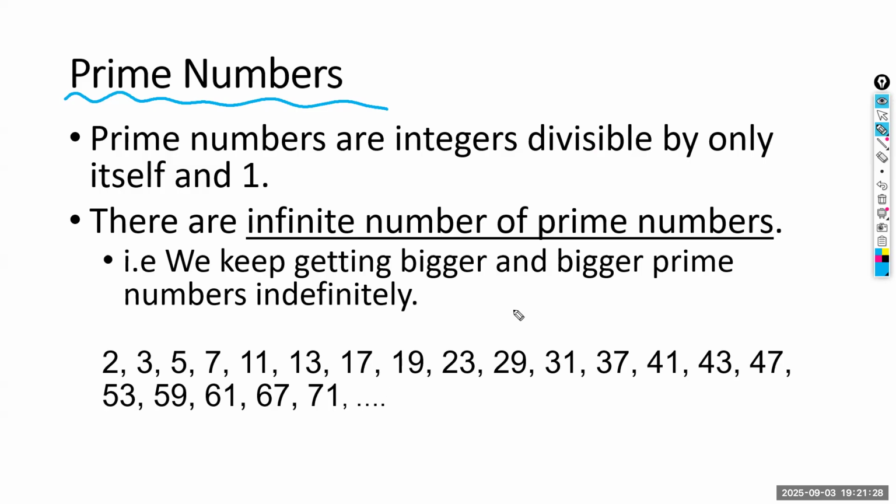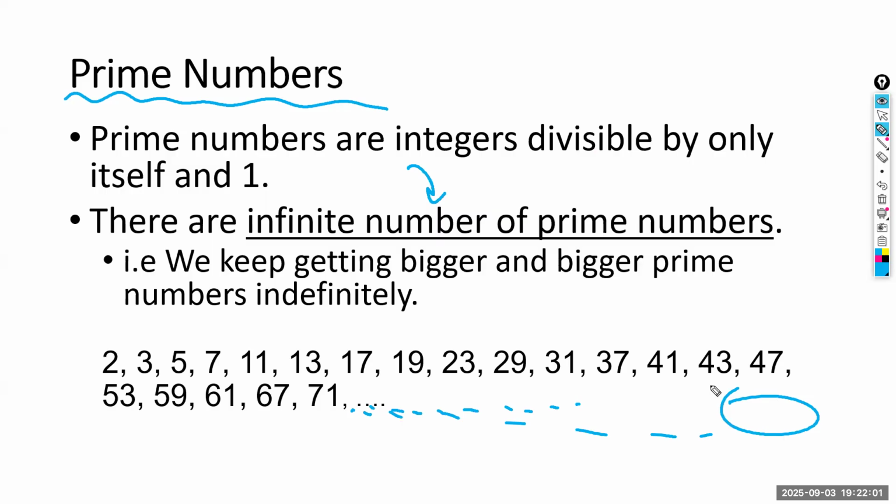Prime numbers are numbers divisible only by themselves and 1. And remember, there are an infinite number of prime numbers. So don't think that after some time we run out of prime numbers. No. Your common sense or gut feeling might say that after some time there won't be any prime numbers, but in reality you can keep looking for them. People are still looking for bigger prime numbers.